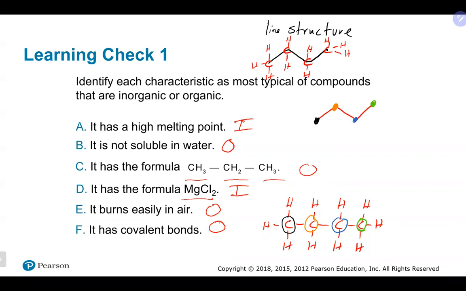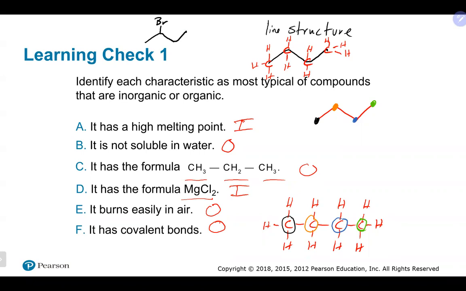Now, in a line structure, if there is something other than carbon at the end of it, they will actually write the element. So they'll write the element at the end of the line if there is something other than carbon that should be there. But if it's just carbons and hydrogens, it pretty much will just be lines when you look at it. So for example, if we had something like this, and we had a Br at the end of that line, obviously it's connected to a bromine.